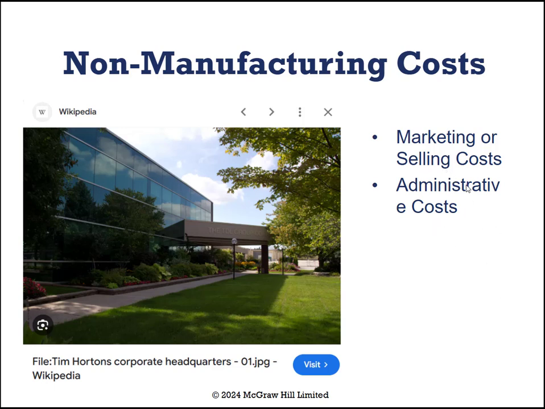Administrative costs, so, being a publicly traded entity, any audit costs, any listing costs, any legal costs that are high level to all of the Tim Hortons. Administrative costs. I hinted already that these are period costs and that the manufacturing costs are product costs. This will make sense in the next slide once we put it together.